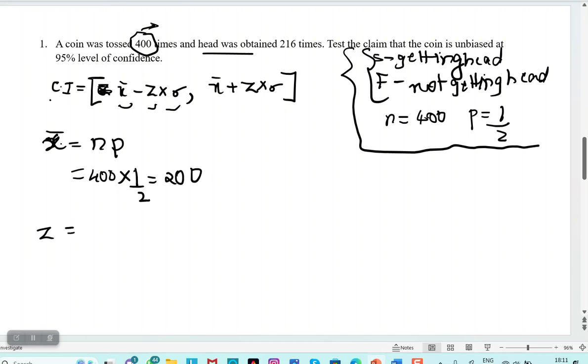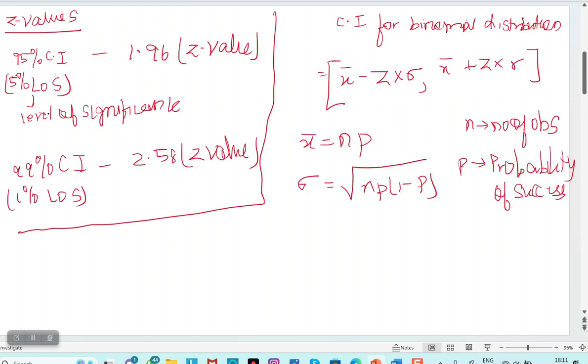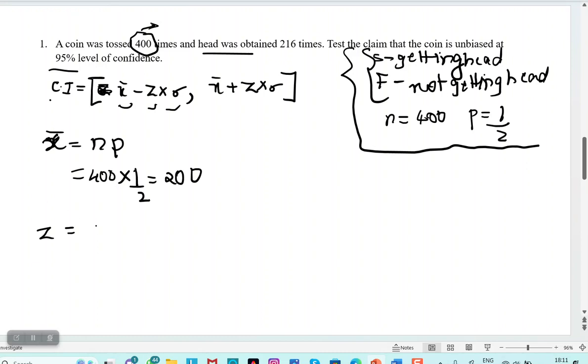Similarly, since it is 95% confidence, the z value is 1.96. Second thing done. The third thing left is sigma, which is square root of np into 1 minus p.